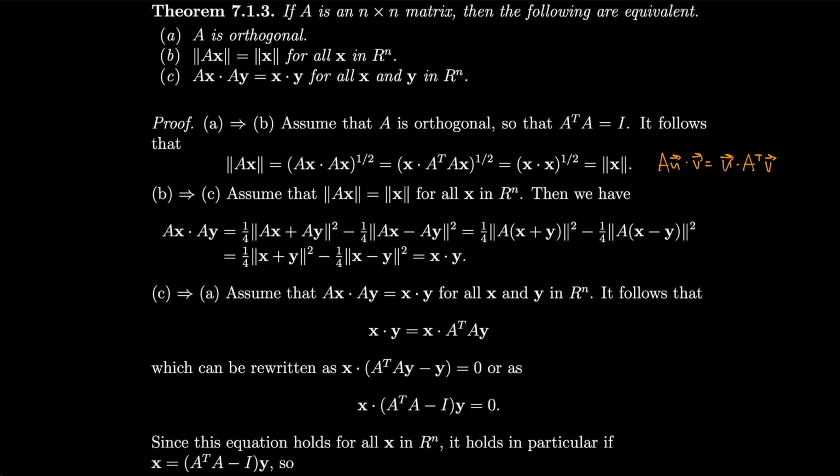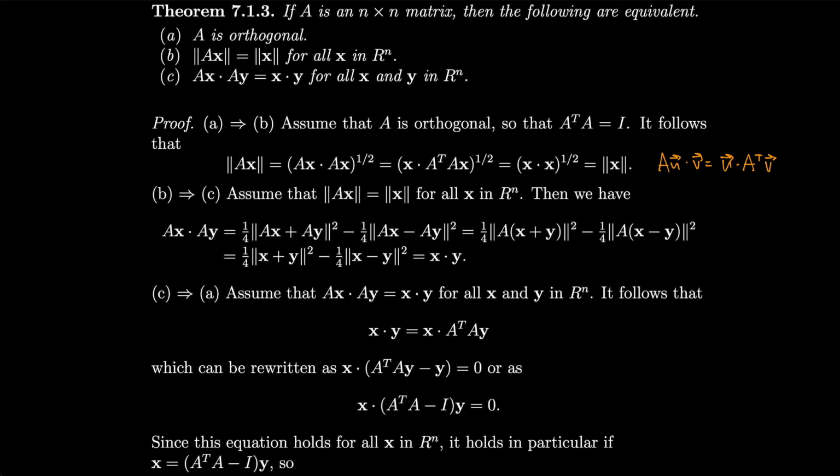Then we can just take the A and factor it out and do that for both. But remember that the length of AX is equal to the length of X for all X, so that includes the vectors X plus Y and X minus Y. So it just must be the length of X plus Y and X minus Y. And then rewriting the formula again back to the dot product, we get the result we want.